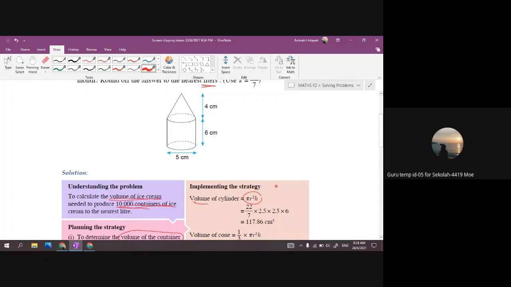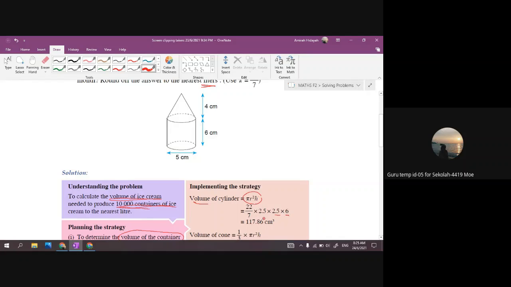Since you already know the volume of cylinder is pi r square h, then just plug in the values. You already know pi is 22/7, and then the radius is already given. It gives us the diameter, so to find the radius, divide by 2. So 2.5 times 2.5, and then the height of this cylinder is also given, which is 6.